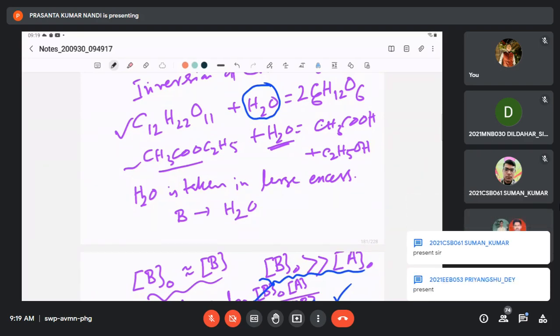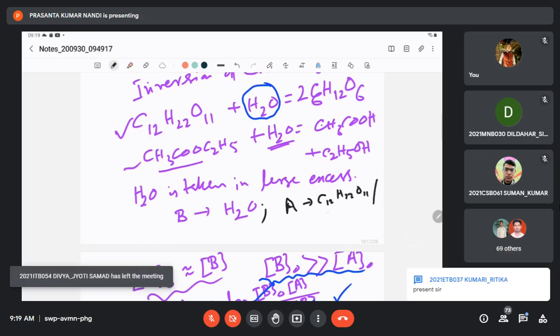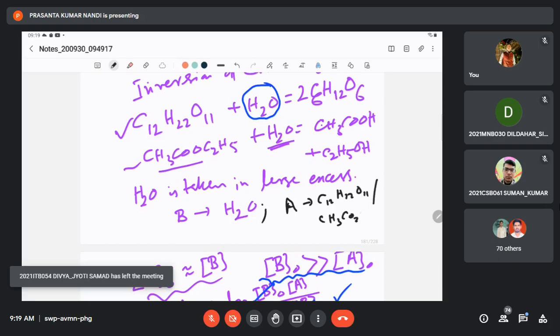So here A plus B, now B we have taken water and A may be either cane sugar or ester.